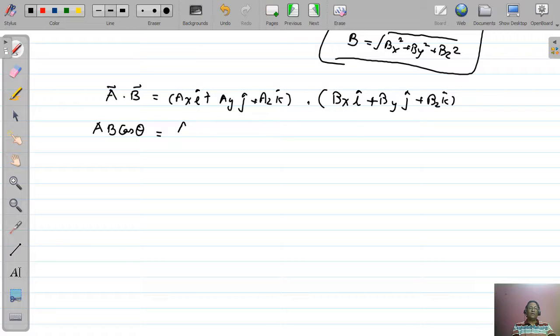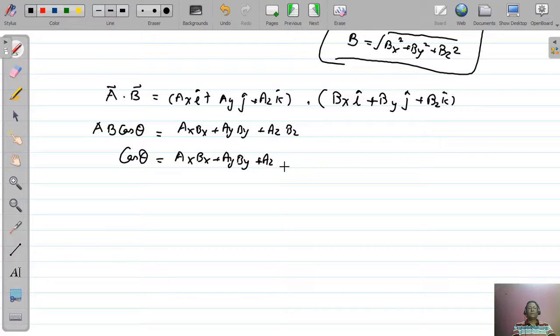So we will get ax bx plus ay by plus az bz. That means cos theta equals ax bx plus ay by plus az bz divided by AB.